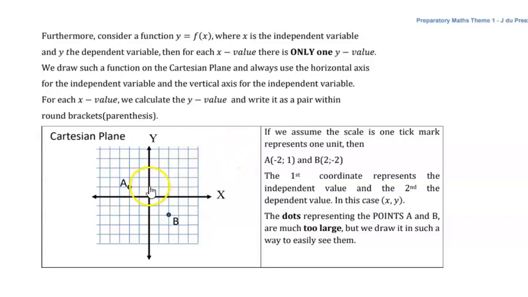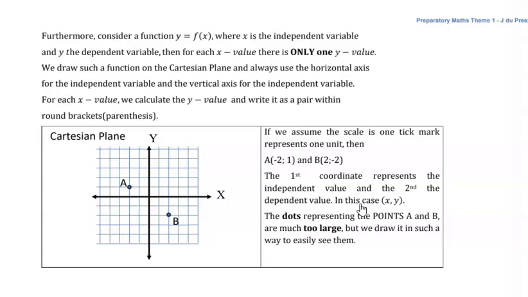If we assume that one block represents one unit, then the point A will have the coordinates -2, 1, and the point B will have the coordinates 2, -2. The first coordinate represents the independent value and the second coordinate the dependent value.